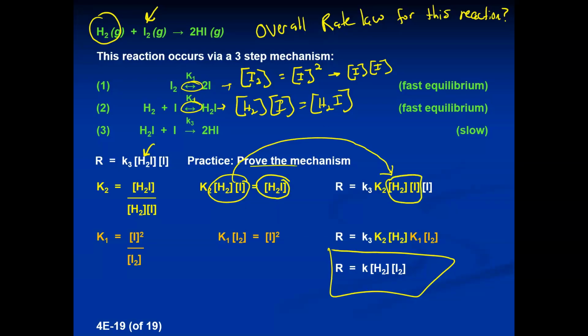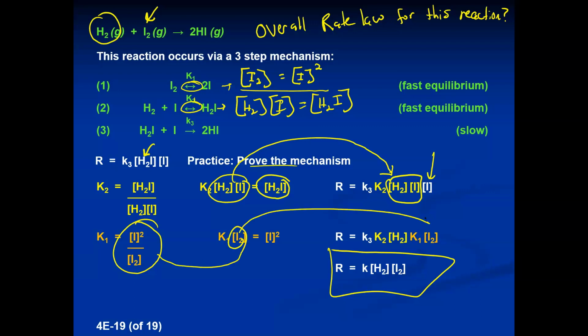There's my H2I. And then I've got another I here. So then I rearranged our second one, solved for I2, and plugged that in here. And again, it's a couple different ways you could have done this. That's just the way that I did that.